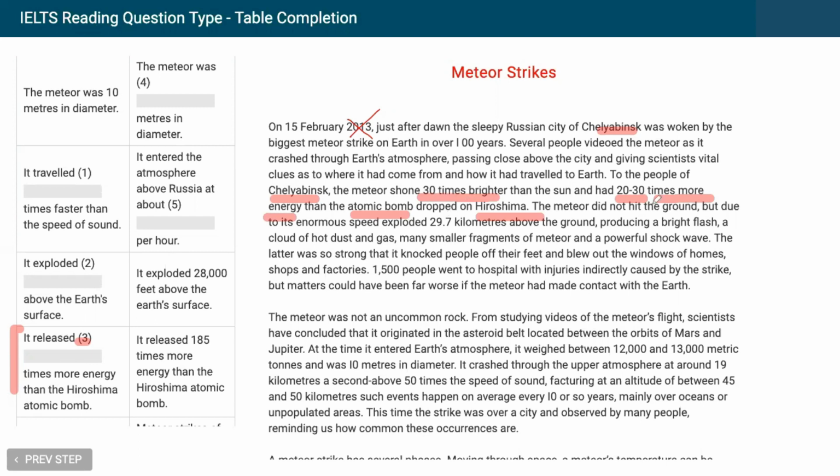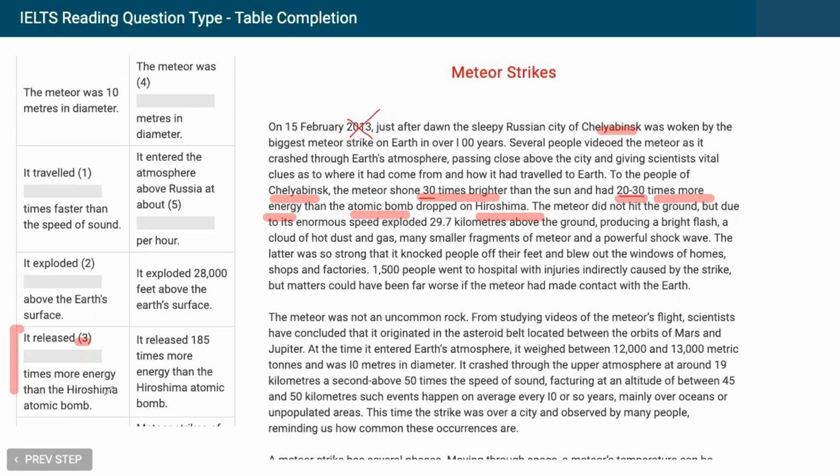So just to read again, the meteor shone 30 times brighter than the sun and had 20 to 30 times more energy than the atomic bomb dropped on Hiroshima. Now, a very common pitfall with this is the fact that you see two different numbers. So you see 30 and you see 20 to 30. And students might be confused as to which one is the correct answer for number 3.